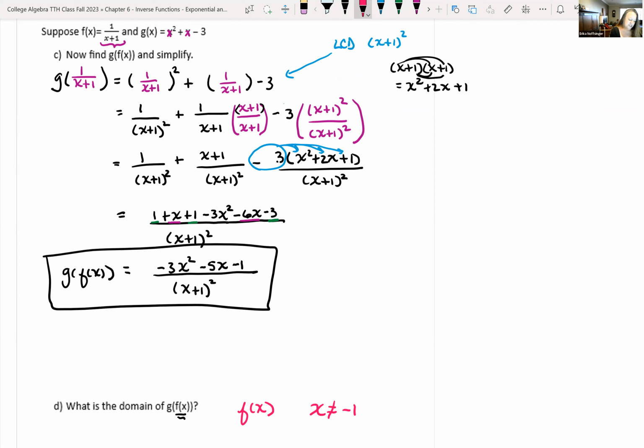Our domain of g of x we talked about is all real numbers, so we don't have to worry about any output that we get when we plug in any number in the domain of f of x. And so for this domain, the only thing we're worried about is x being -1. And so the domain of our g of f of x is -infinity to -1 union -1 to infinity.